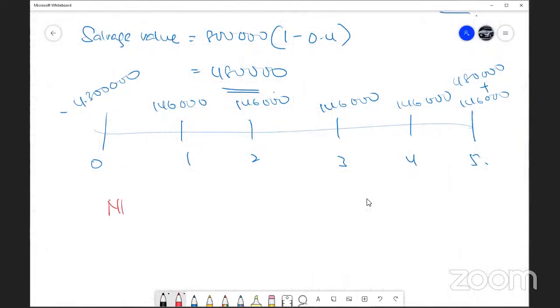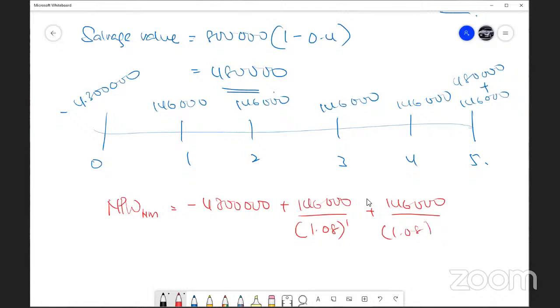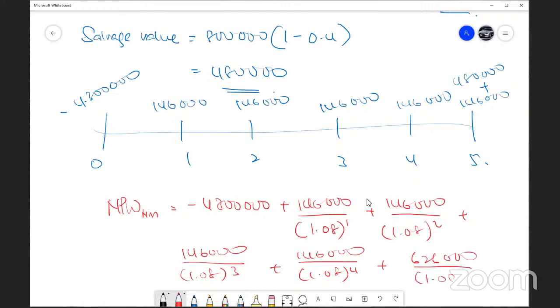All right, calculate NPV for the new machine. Negative 4.3 million plus 146,000 divided by 1.08 to the power of 1, since the discount rate is 8%, then 1.08 to the power of 2, 1.08 to the power of 3, 1.08 to the power of 4, and lastly total up together: 480 plus 146 is 626,000, divided by 1.08 to the power of 5.